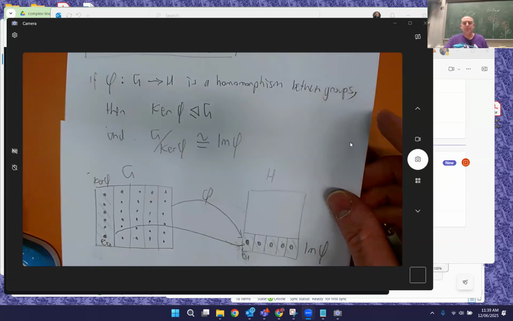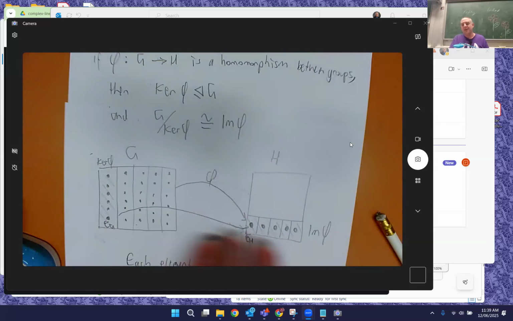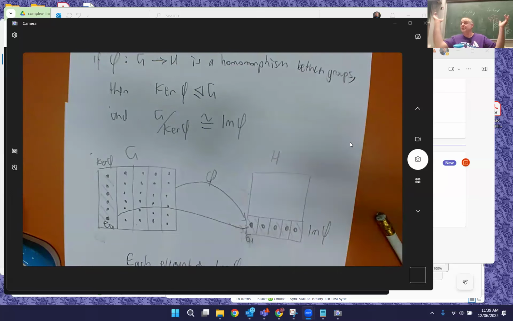Yep. The bijection is between these cosets and these ones here, just the ones in the image. So it's totally possible for there to be plenty of things in H that aren't even in the image, so H can be as big as you want.